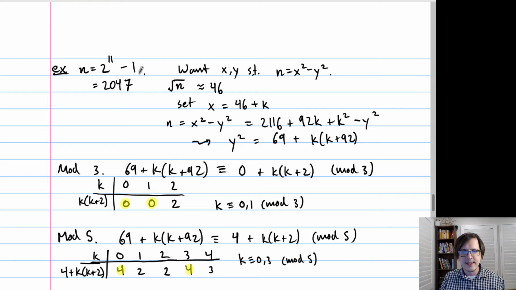So a related sort of thing that can help sometimes is, well, okay, let's look at this potential Mersenne prime, 2047. We're wanting x and y where n is x squared minus y squared. And maybe you think that the factors are going to be close to each other for some reason.